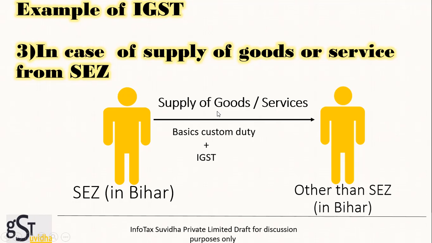He supplies goods or services to a consumer who is also in Bihar, but the area where he is, is not SEZ. Therefore, basic custom duty will be charged plus IGST will be charged because it will be deemed importation of goods or services.